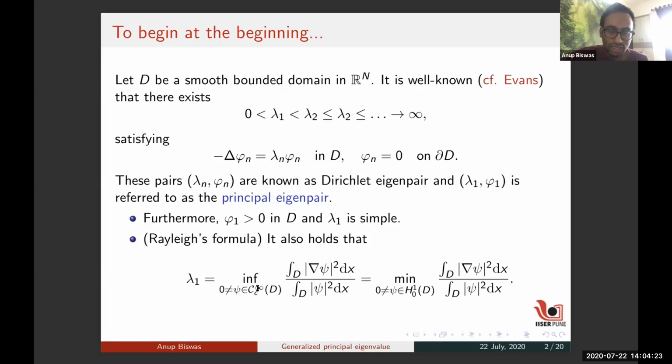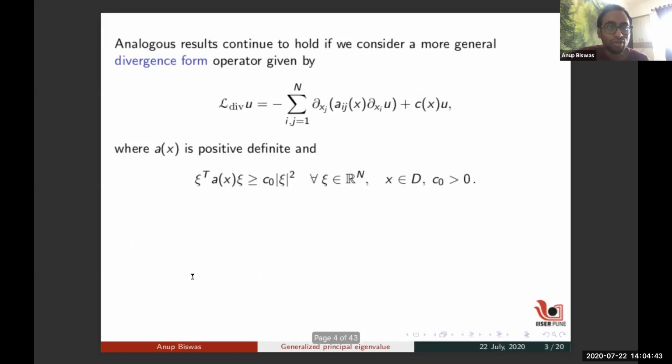When you look at C_c infinity functions, this is an infimum over C_c infinity functions, but if you extend the space to H_0^1, then it becomes a minimum because the minimum is attained in this space. So this is another way to characterize lambda 1, if you want to define lambda 1.